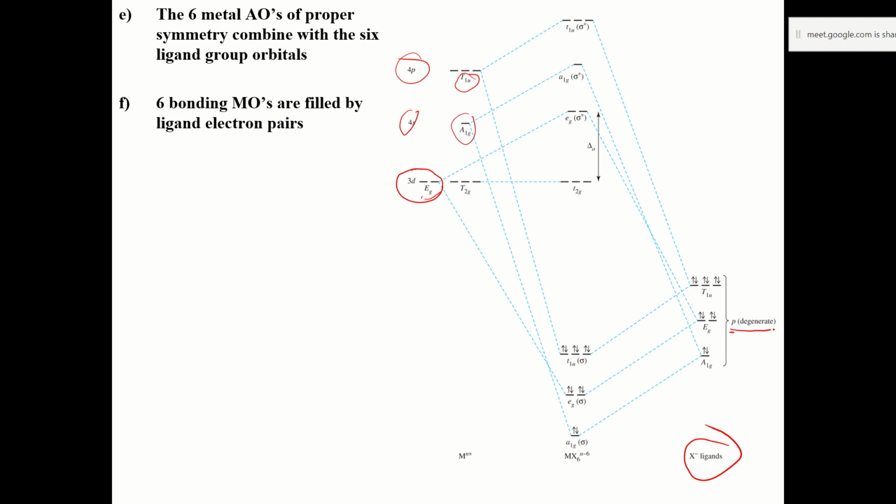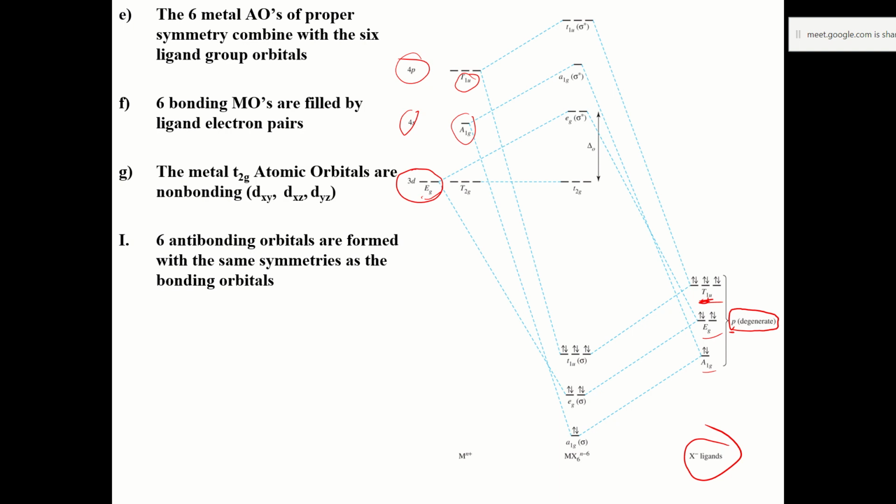So अगर सपोज सिंपल फ्लोरीन है, क्लोरीन है, ऐसा कुछ है, तो उसमें जो सारे ऑर्बिटल्स हैं वो around the metal they will be arranged in these 3 different symmetry T1U, EG, A1G. सो सारे p ऑर्बिटल्स मिलके ऐसा एक बनाया जाएगा, 6 bonding molecular orbitals and 6 anti-bonding MOs will be formed.